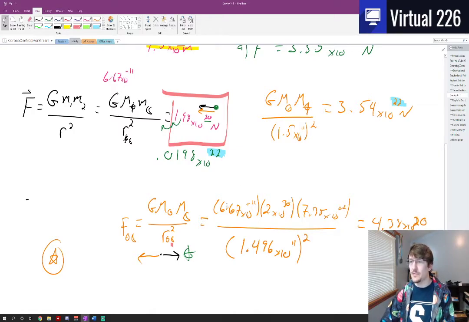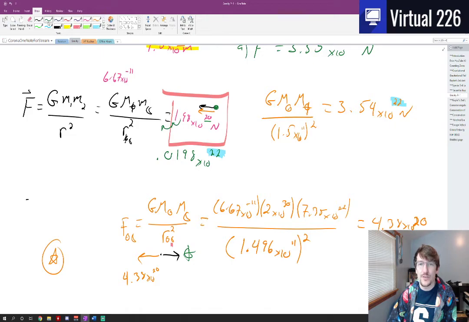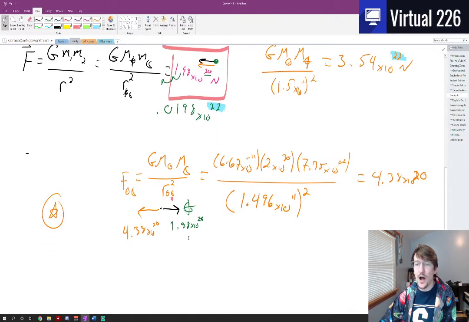So what we're going to have here is this going this way is 4.38 times 10 to the 20, and the amount of force pulling towards the Earth is 1.98 times 10 to the 20. And since these are in opposite directions, we need to make one of them positive, one of them negative. They're going to fight each other. We'll make the sun the bigger value, so that's positive, and then this going to the right is negative.